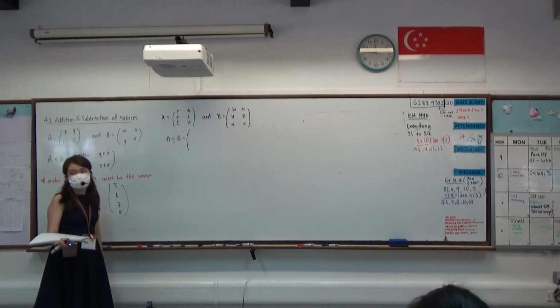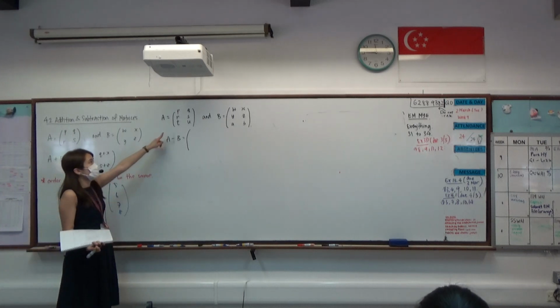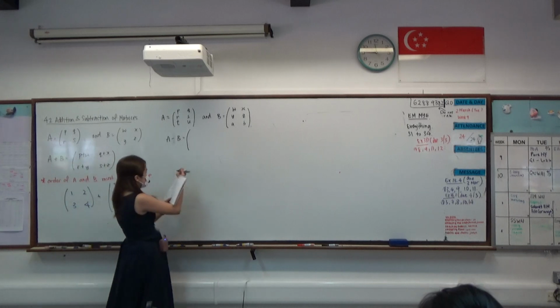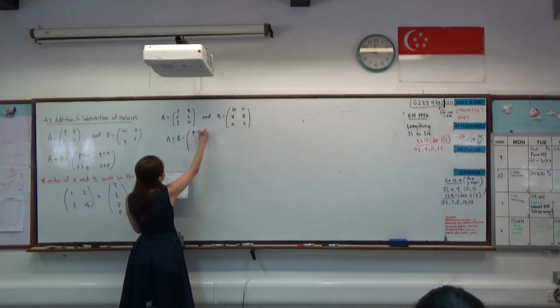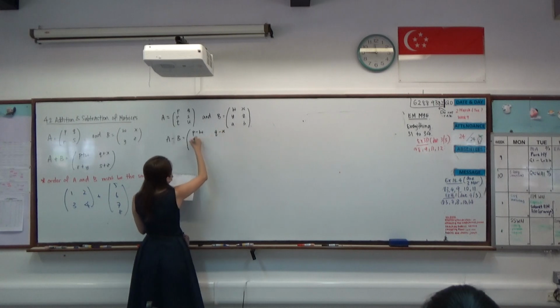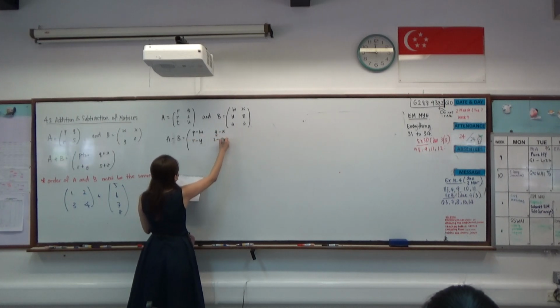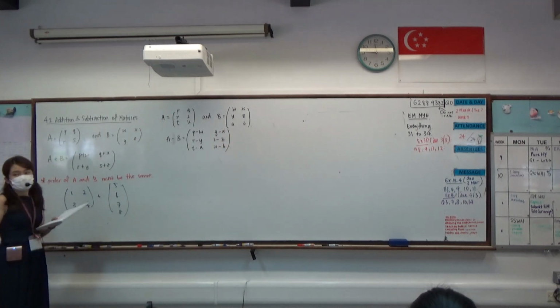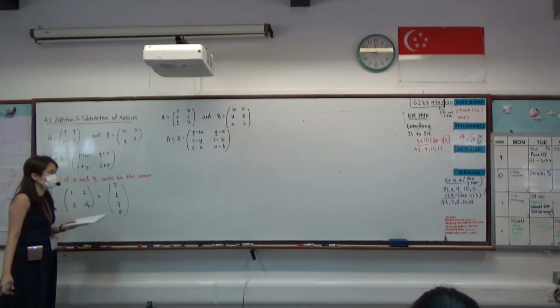Number of rows is 3, then number of columns is 2. So row by column, 3 by 2 matrix. And I will have P minus W, Q minus X, R minus Y, S minus Z, T minus A, U minus B. So same order also.